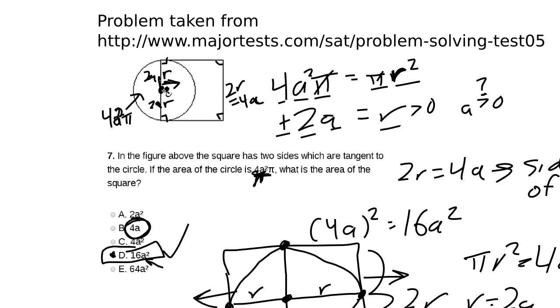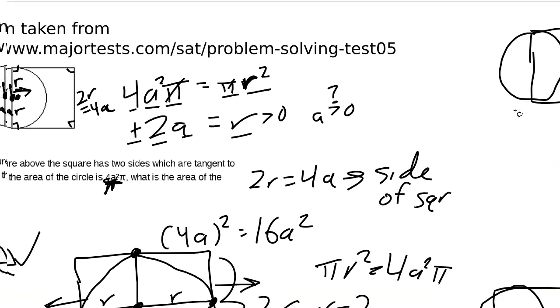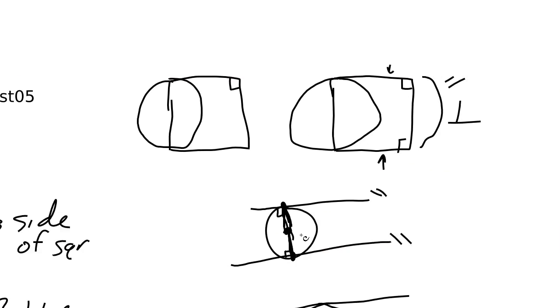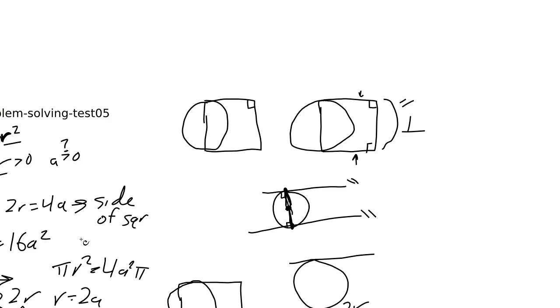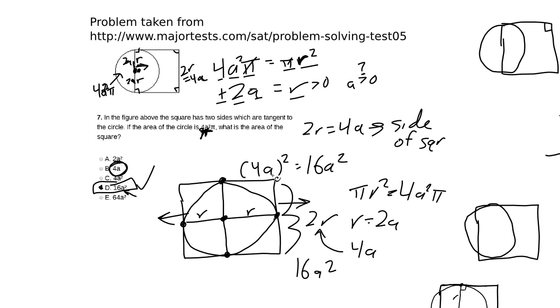My initial intuition was that the center of the circle was actually falling right on the side of the square, and that doesn't have to be true. That's why I was having a hard time proving it. I was trying to think how I was going to prove it, and it didn't seem obvious. And actually, you can't prove it because it's not true. It doesn't have to be. It could be, but it doesn't have to be.